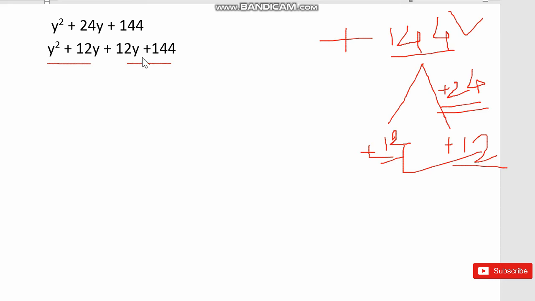Now we get the common factor, and what is the common factor? Let us see here, y is the common factor. So we can write here y into bracket y plus 12. In the second group, we take plus 12 as a common, and in the bracket, y plus 12.